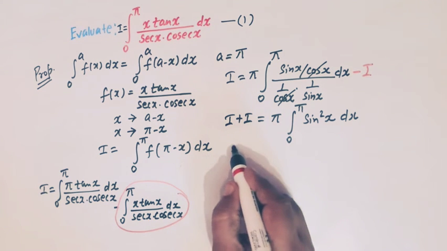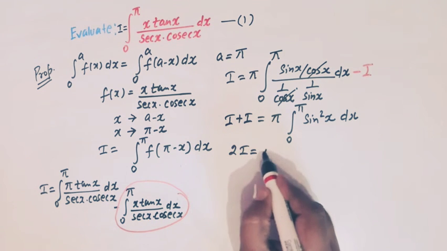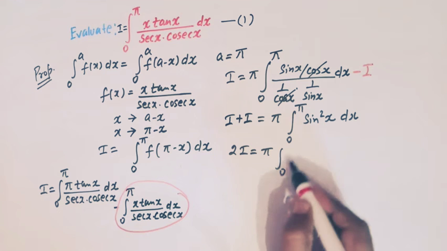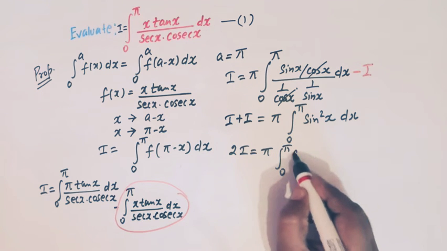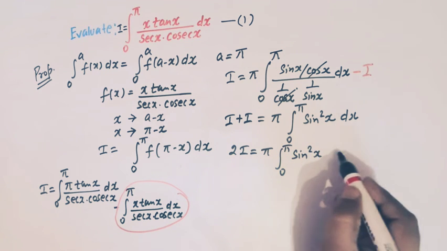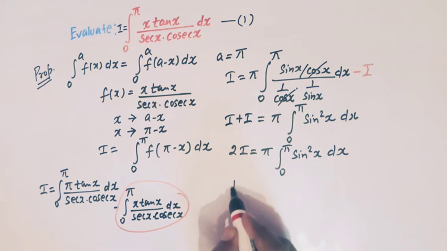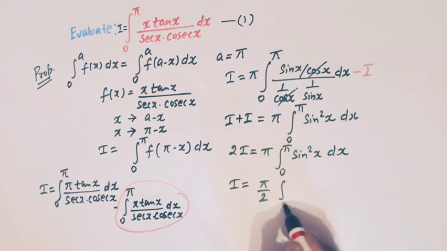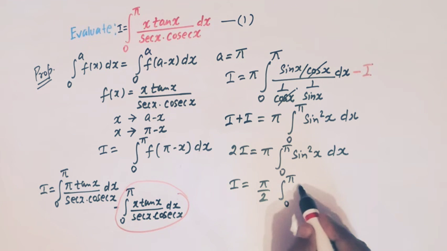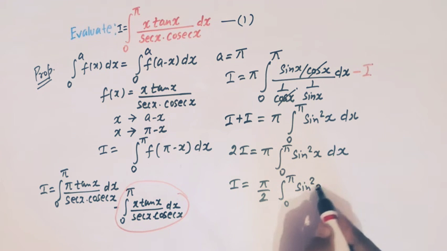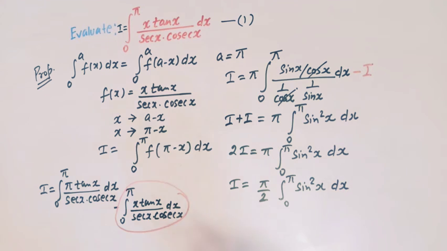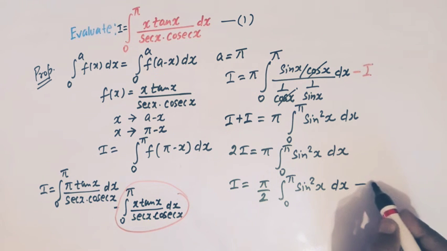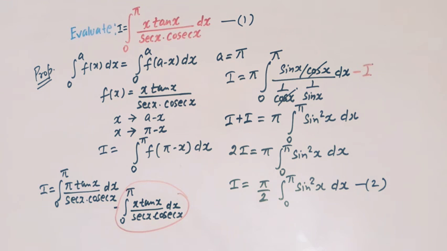So I plus I is 2I, here we have pi times the integral from 0 to pi of sin square x dx, and I can be written as pi over 2 times the integral from 0 to pi of sin square x dx, right? Let us call this integral number 2.